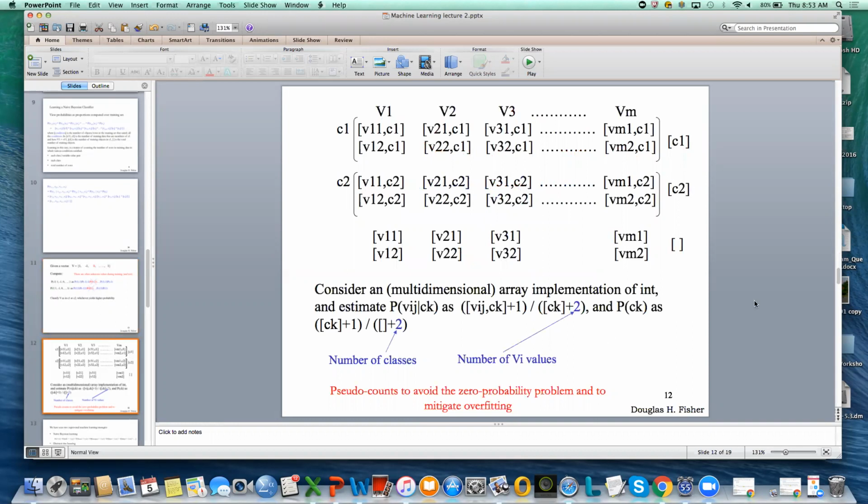in your computation. There's also the problem we have to worry about in the naive Bayesian classifier and to some extent decision tree induction, because decision tree induction computes probabilities too, is the problem of zero probabilities.